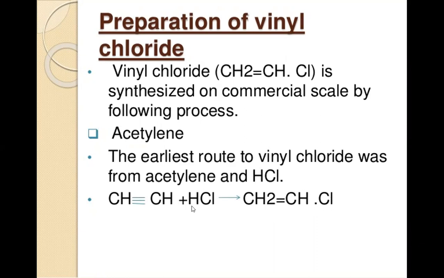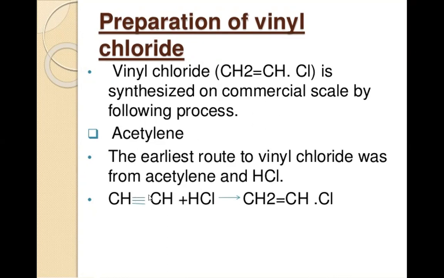That means this HCl splits, or undergoes ionization, as H+ and Cl-. And this double bond undergoes heterolytic fission and the migration of the bond takes place to either of these two carbon atoms.